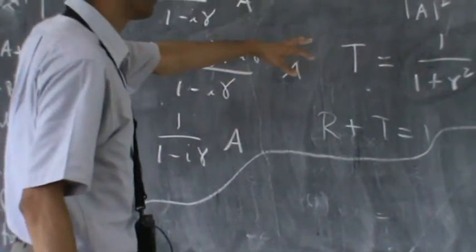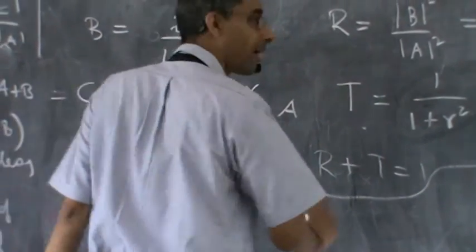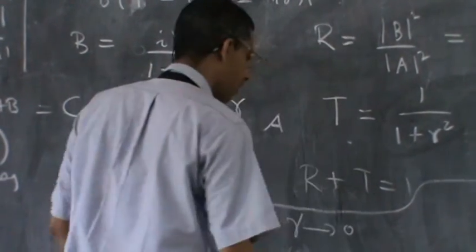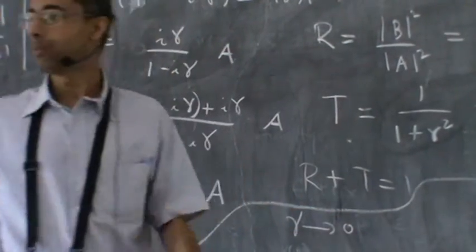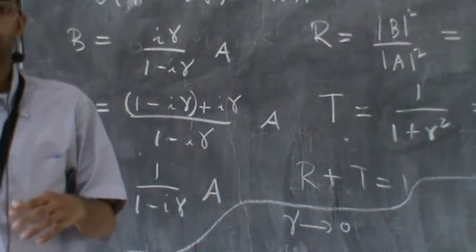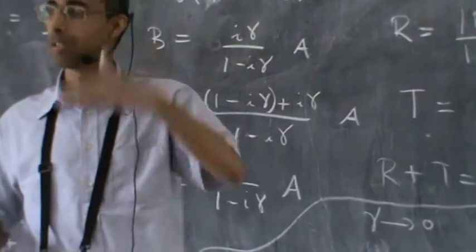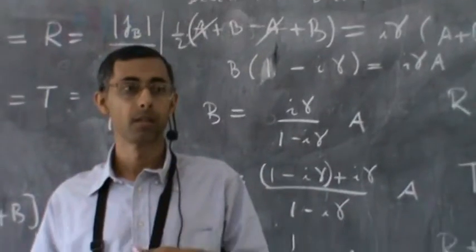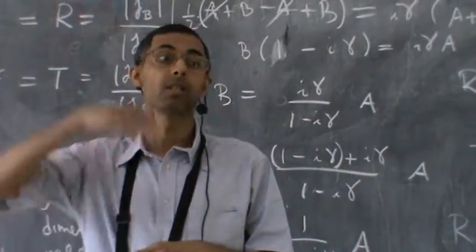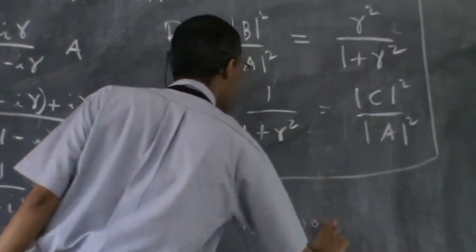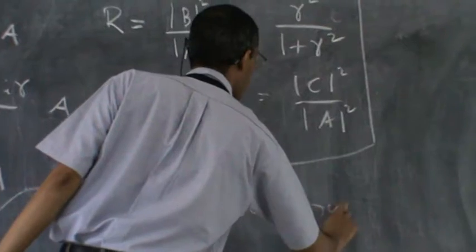So, let's look at this. Gamma is the strength of the potential. If gamma goes to 0, how can gamma go to 0? What's the physical meaning? Either the strength of the potential is very weak or the energy is very high. Gamma is 0 if G goes to 0 or E goes to infinity.